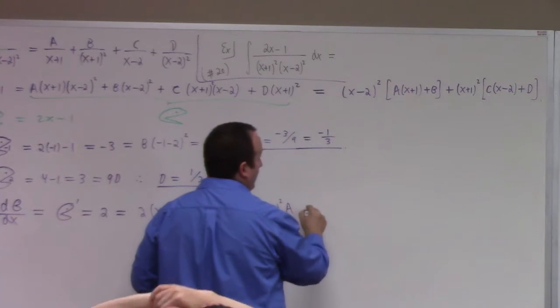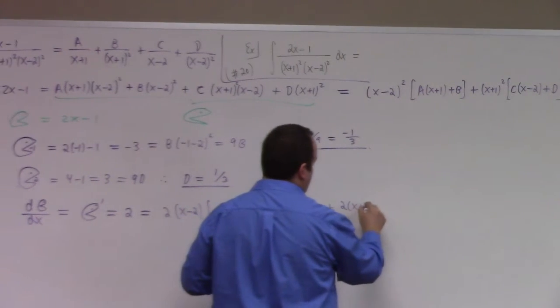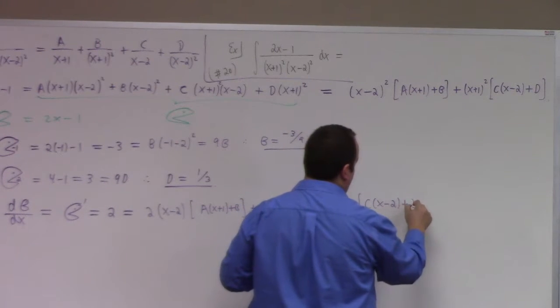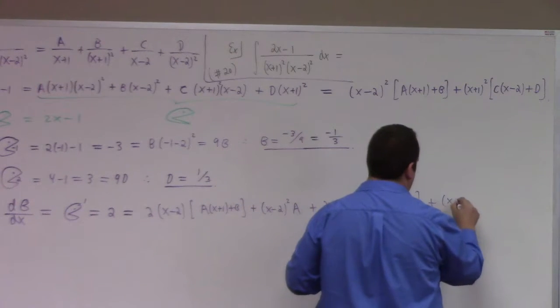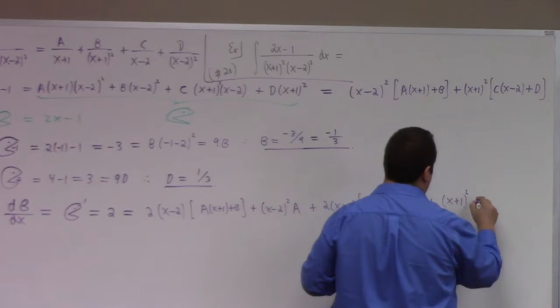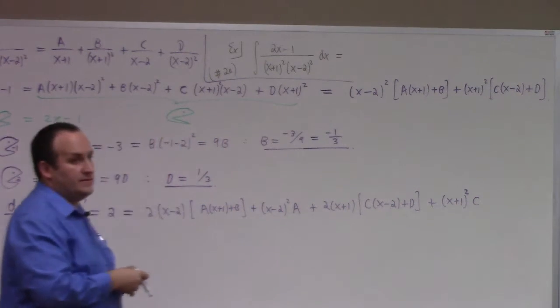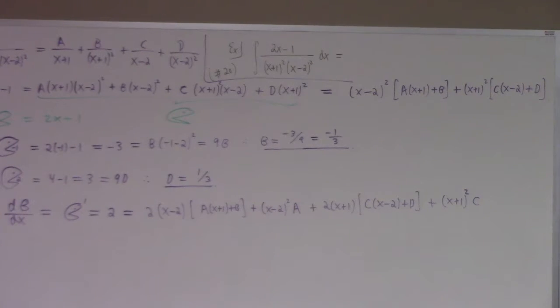A. Plus 2 times x plus 1 times the thing in brackets, plus x plus 1 squared times c. I did the product rule 2 times. Now, once you guys are caught up with me, what are we going to feed Pac-Man prime?